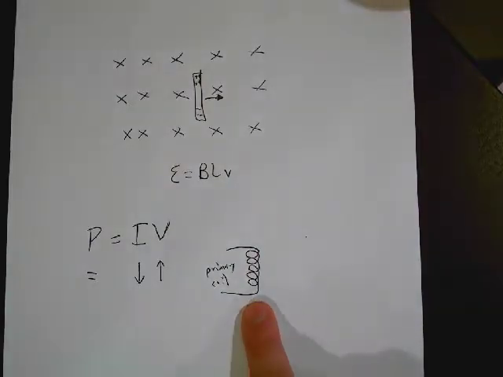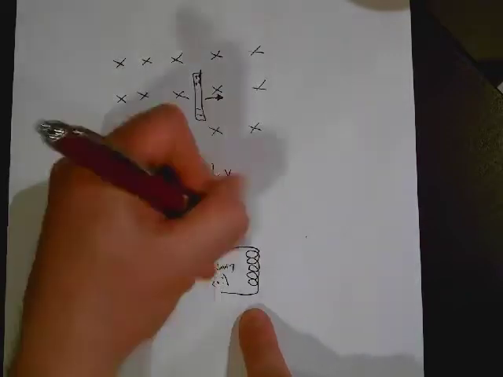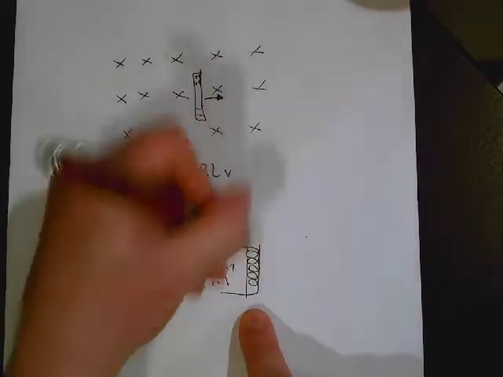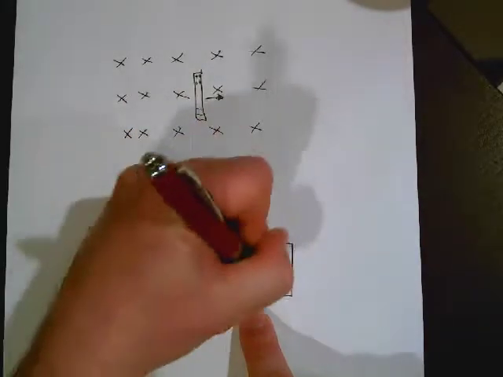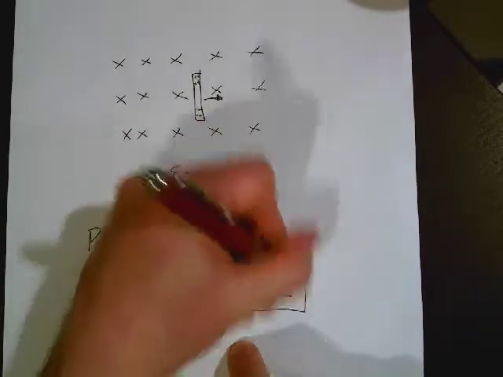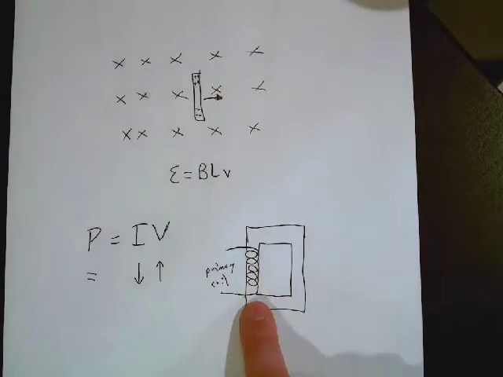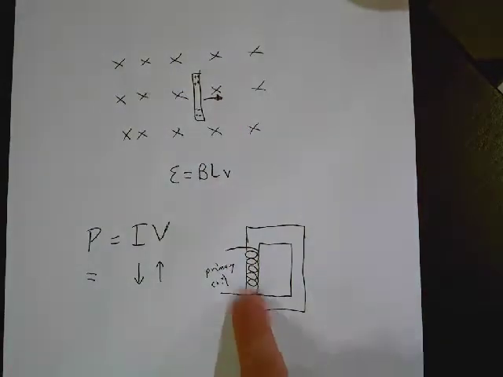You use a transformer, and a transformer, like we talked about yesterday, you have a coil, called the primary coil. You have alternating current in the primary coil. That alternating current is going to have a changing magnetic field.